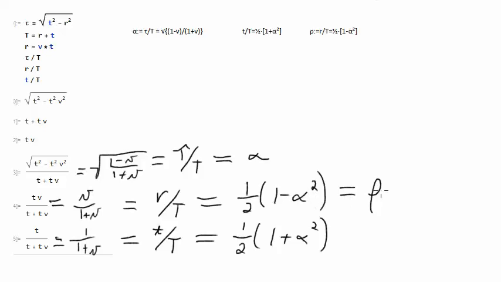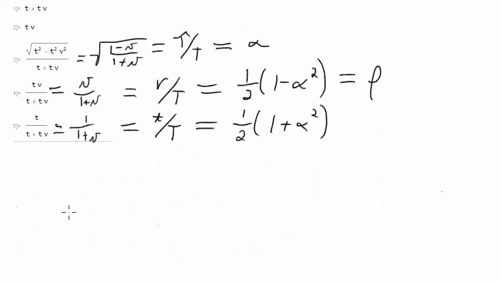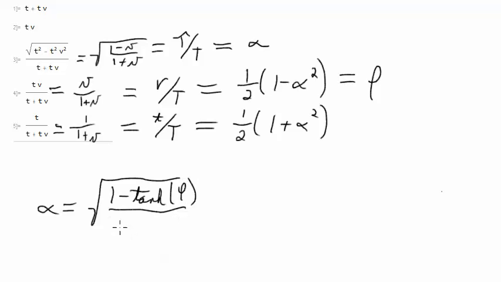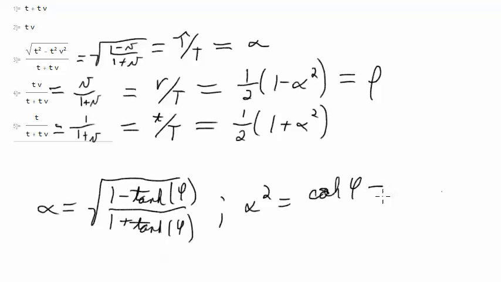See if this comes out, because alpha is the square root of 1 minus hyperbolic tanh of the rapidity divided by 1 plus the hyperbolic tanh of the rapidity. And I'd like to see if alpha squared being, I don't know, cosh phi minus sinh phi divided by cosh phi plus sinh phi.